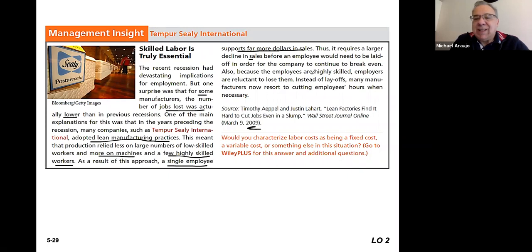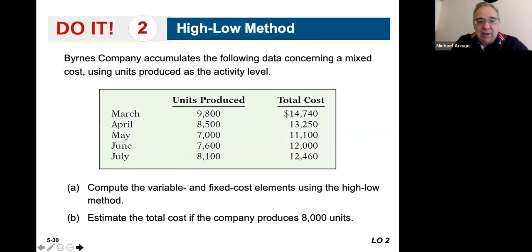Plus, if you're a highly skilled worker, you're rare, and employers don't want to lose you. They would rather cut your hours than cut your job. And so that's also what happened. So instead of laying people off, in these cases, reduction of hours was a good option rather than losing the employee totally. But that's part of that lean manufacturing type of thing that we talked about a little bit in Just in Time the other day.